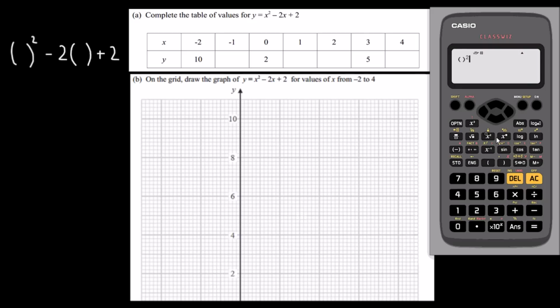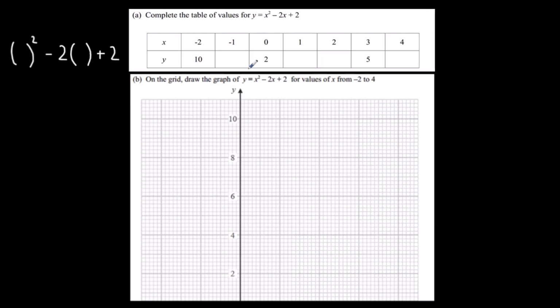So in the calculator, brackets squared minus 2 brackets plus 2. So wherever we had an x, I've changed it into brackets. And now for -1, I can just type -1 inside the brackets. So we've got 5. So it's -1, 5.